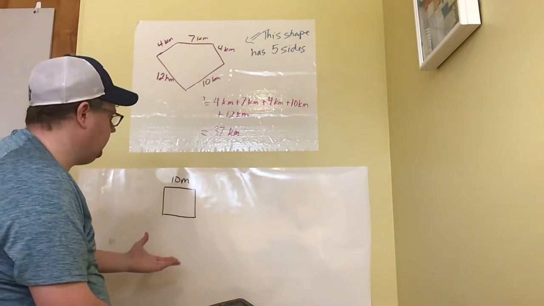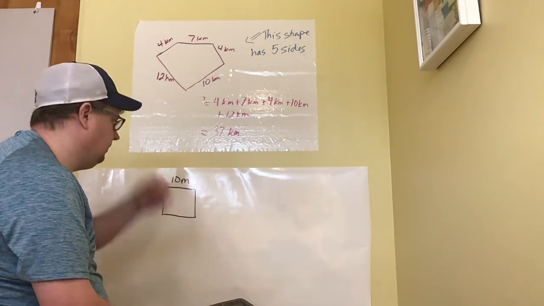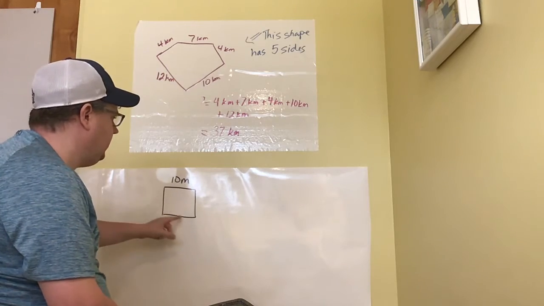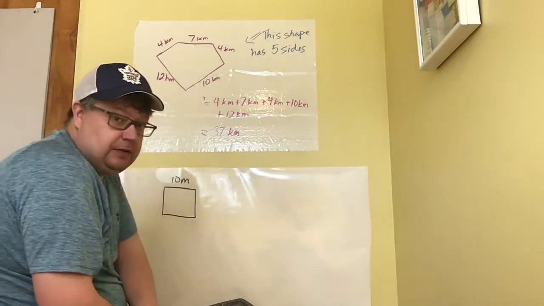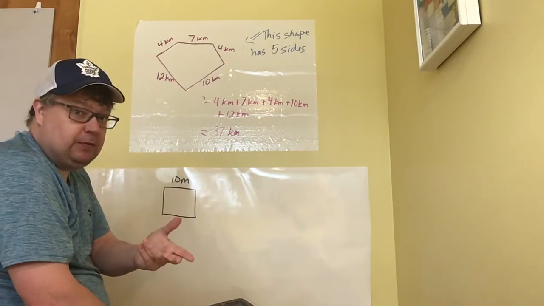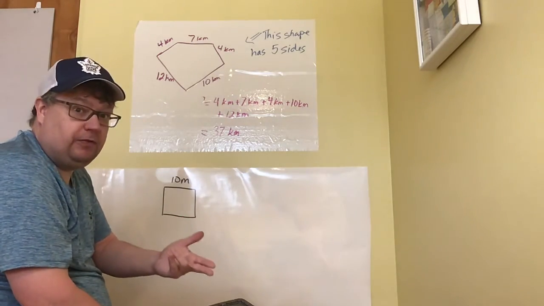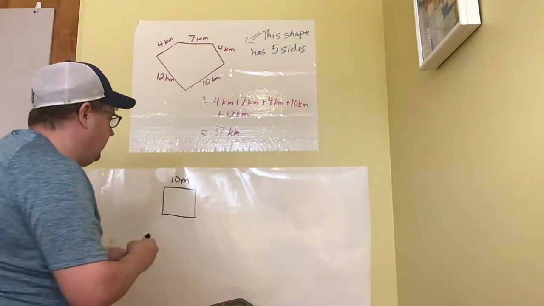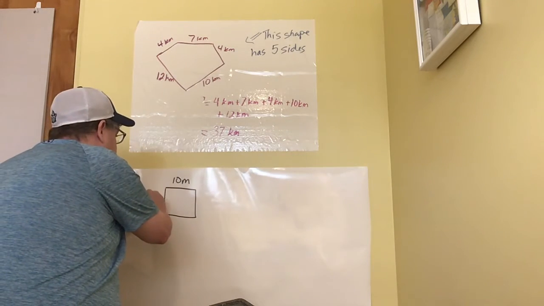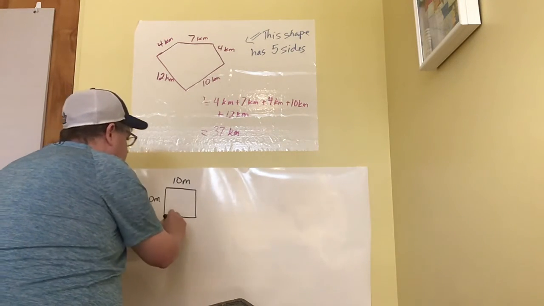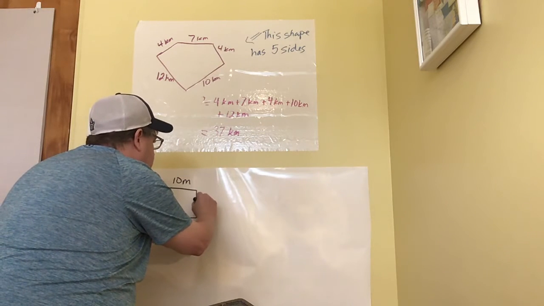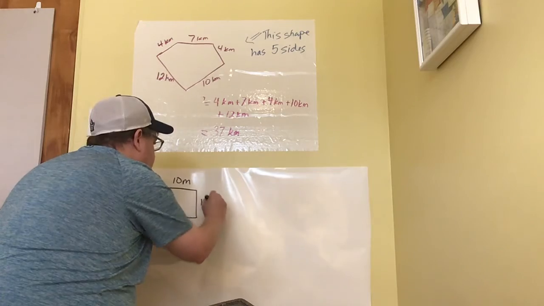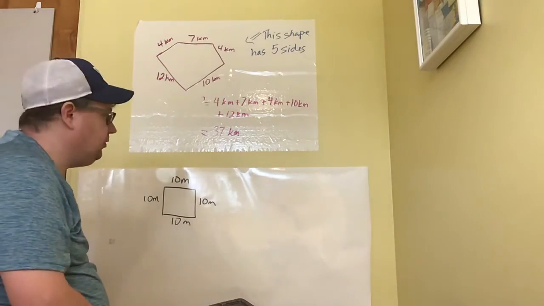Okay, so you're looking at this, calculate the perimeter, but I don't know the other 3 sides. Look at the shape. The shape's a square. The one thing we know about a square is all 4 sides are equal. So we know that this side will be 10 meters, this side will be 10 meters, this side will be 10 meters. And now we could calculate perimeter.